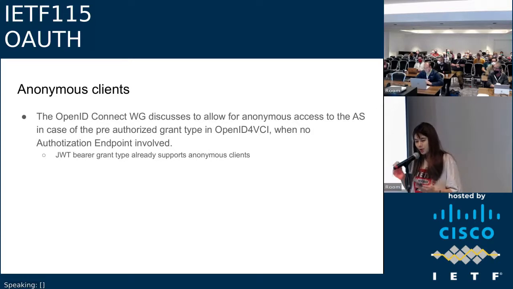We said it's okay not to pass client ID in the token request, so the client is pretty much anonymous. If the authorization server wants to identify the client, it can return an error saying they need to bring the client ID. But spec-wise, the client can be completely anonymous. You don't have to send the client ID in the token request if you're not even doing an authorization request.